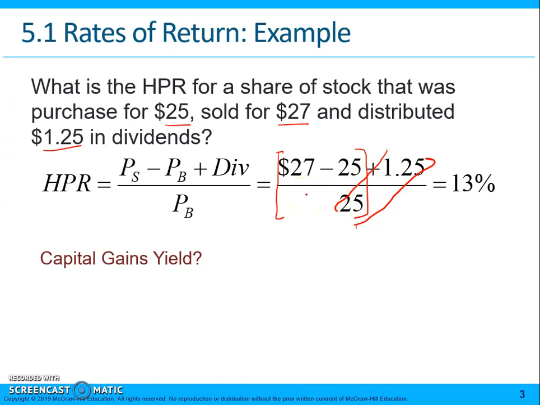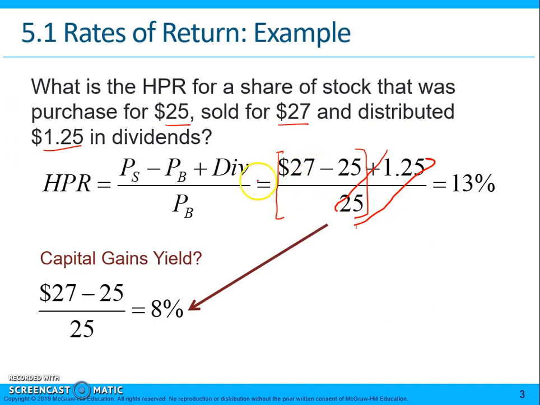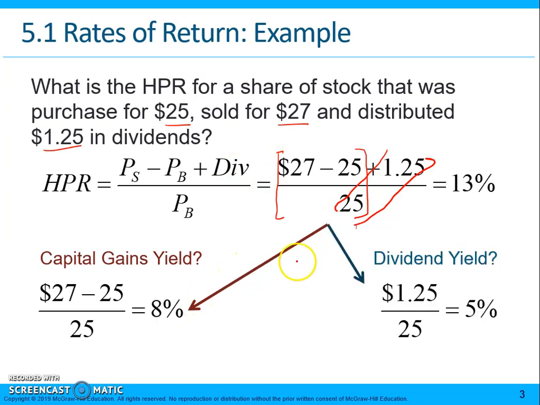It looks like this: 27 minus 25 divided by 25, 0.08 or 8%. The dividend yield is $1.25 divided by 25, 0.05, 5%. These two numbers, the capital gains yield and dividend yield, have to add together to equal this. If they don't equal your holding period return, you've done something wrong.